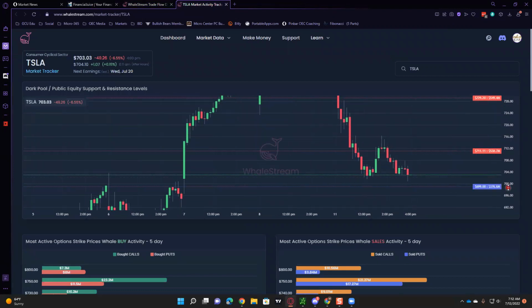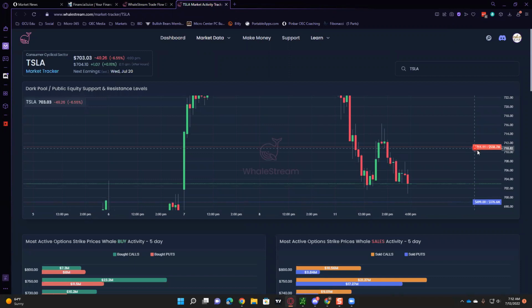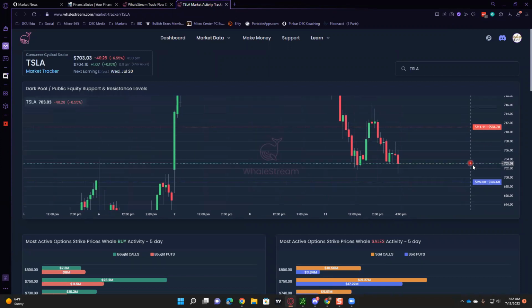So 711.11 is an overhead area of resistance for Tesla. And 700 flat, it says 699, but honestly, if we get that close, I'd lean into the 700 as a dark pool support level.